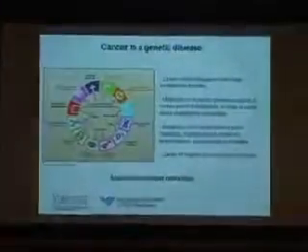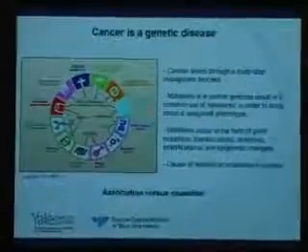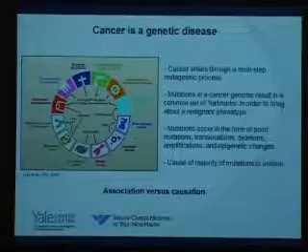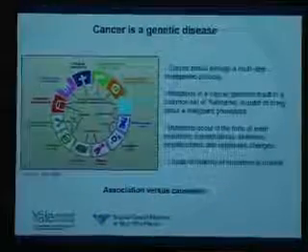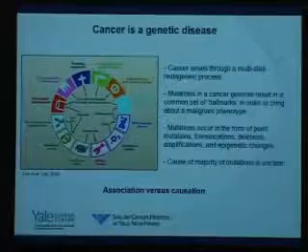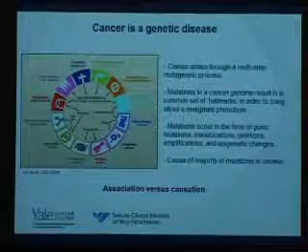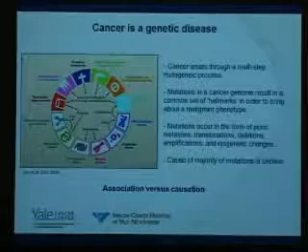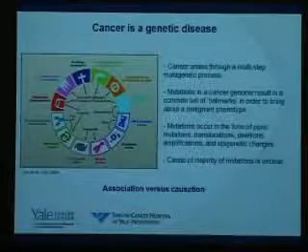So, cancer arises as a result of a multi-step mutagenic process, through genetic mutations. And by mutations, I'm not just referring to the inherited predispositions that we just heard about, but specifically acquired genetic mutations that give rise to de novo malignancies.